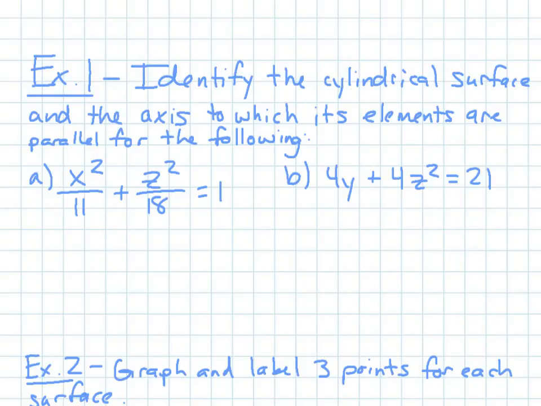I'm not concerned with the numbers, but that means it's an ellipse shape, so there would be an elliptical cylinder. And because y is missing, your shape is going to be parallel to the y-axis.